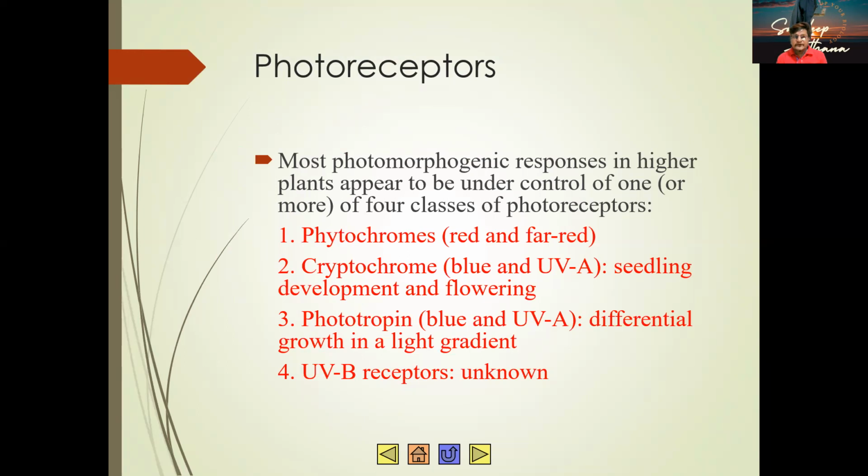Let me begin with the phytochromes. As I told you, they respond to two different kinds of light, red light and far red light, and there are two alternative forms. But let me remind you here, more studies have been done on the phytochrome in both monocots and dicots, and they have revealed that the phytochrome might absorb the blue range as well.